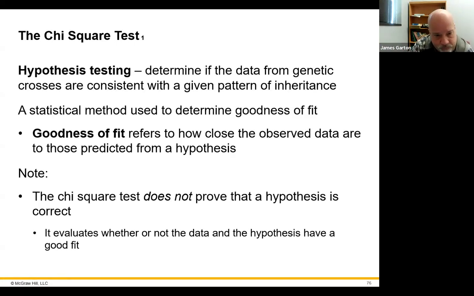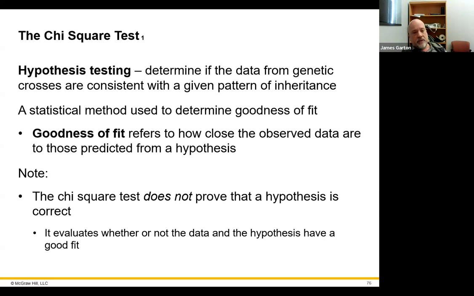Now, you might be asked to do some hypothesis testing. A very simple way to see if your observed data matches your expected data is the chi-square test.